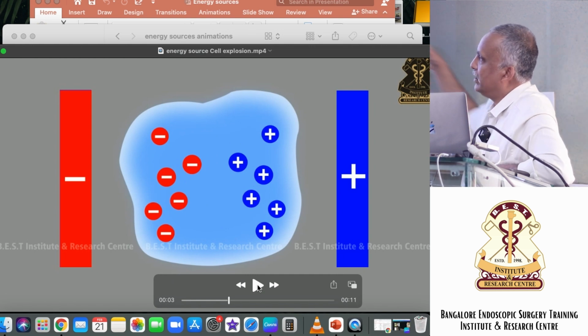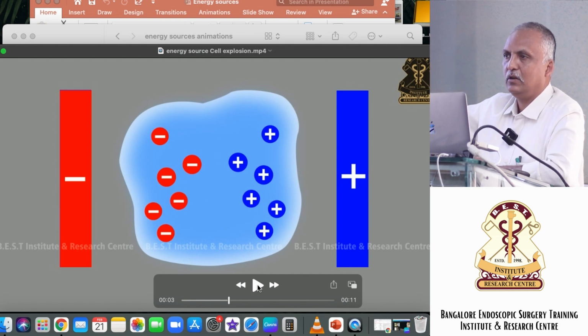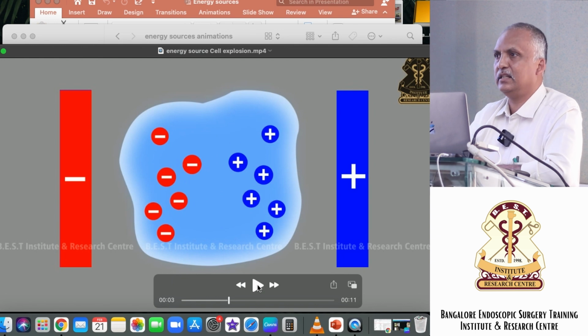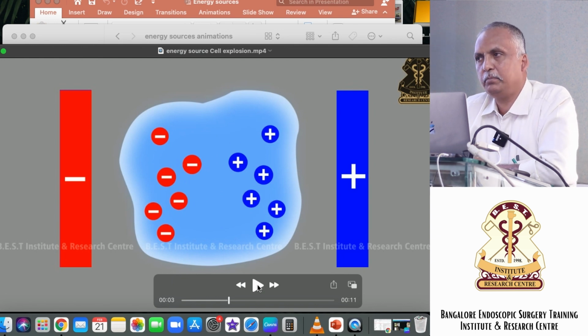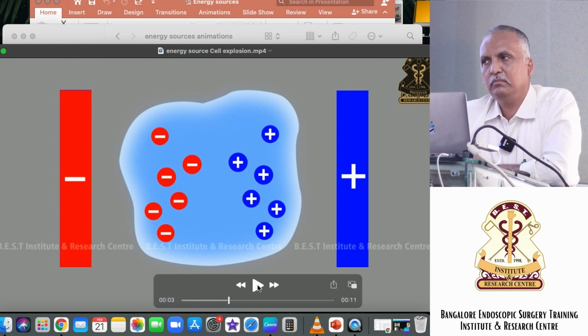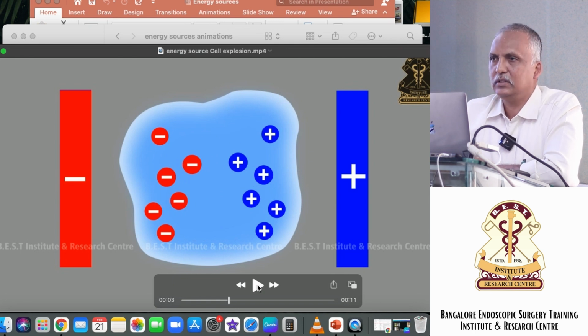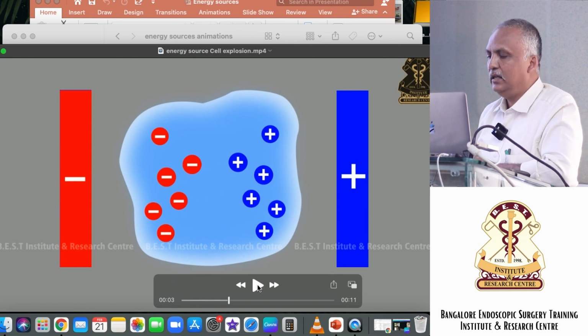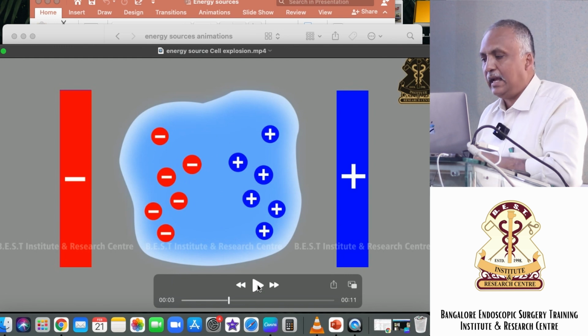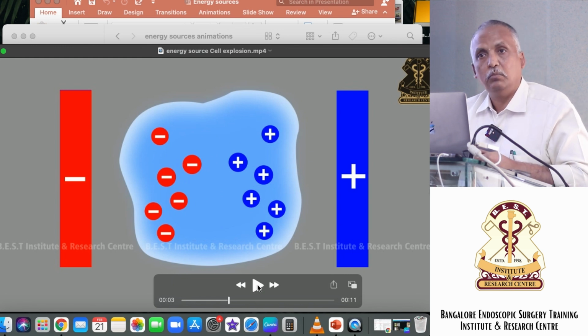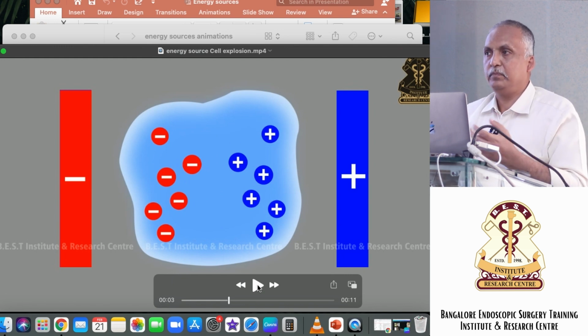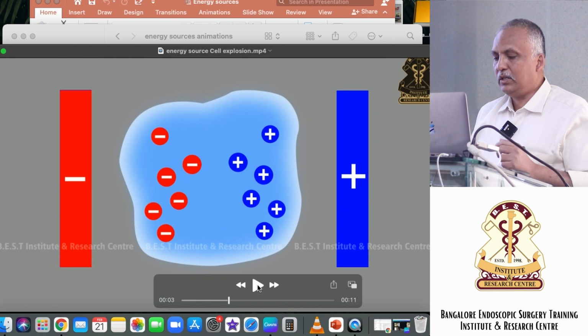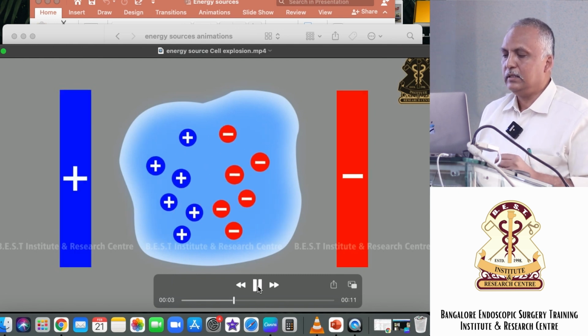These two keep moving on either side inside the cell. The cell is made up of majority what substance? Water. There is a whole lot of water inside, and these anions and cations moving to and fro, to and fro. What is happening? Just watch this.